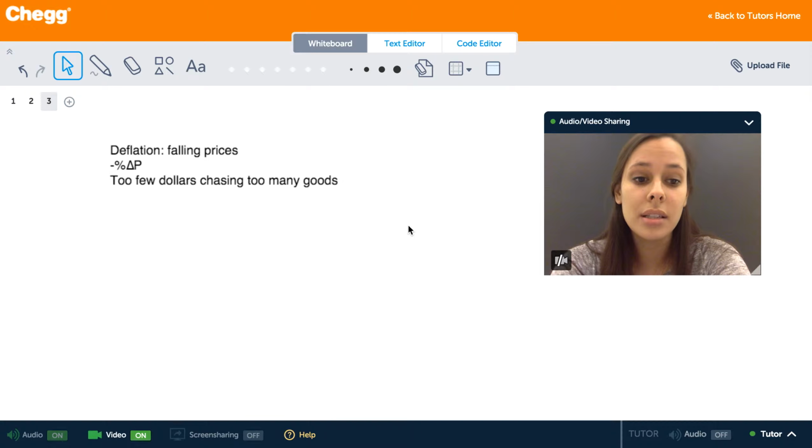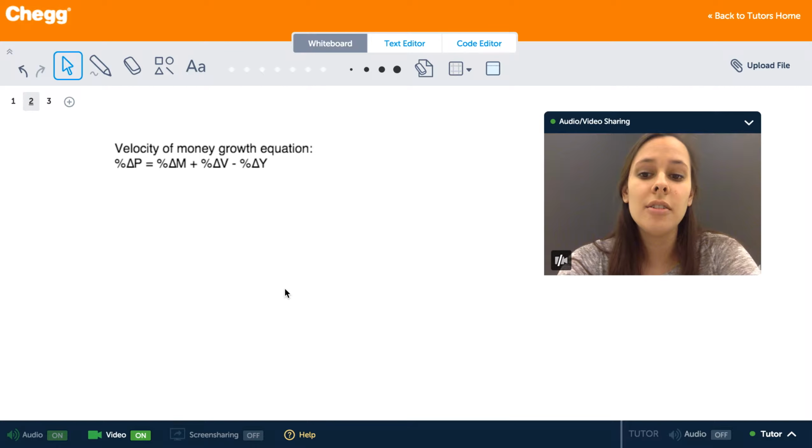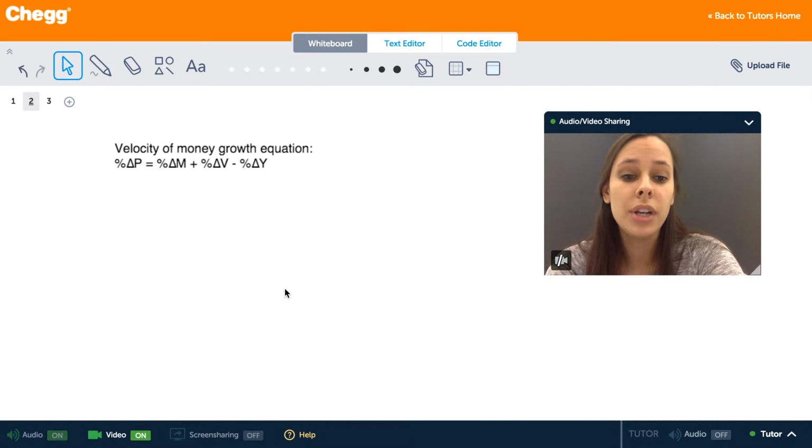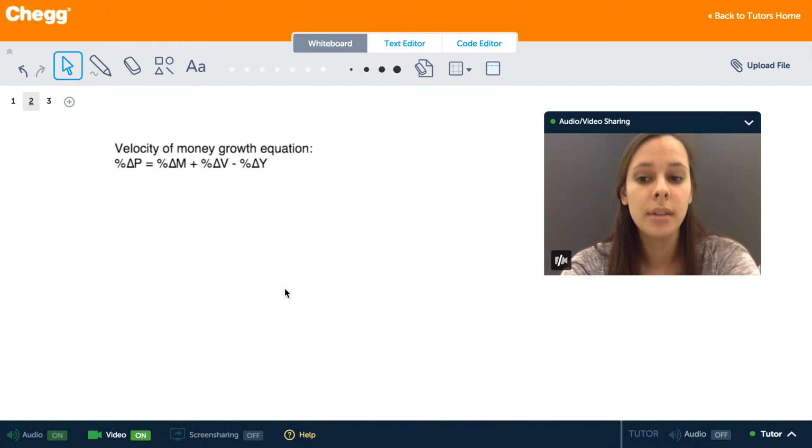Another way to look at this is to use the velocity of money growth equation, which you may have already learned. The velocity of money growth equation says that the change in the price level will have to equal the change in the money supply plus the change in velocity minus the change in real GDP. Now, the money supply is what we just talked about.